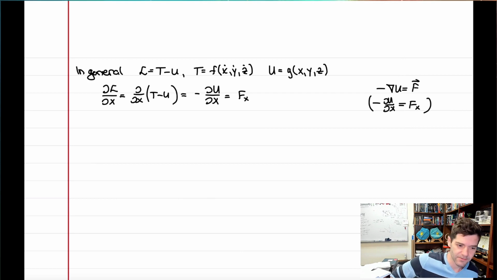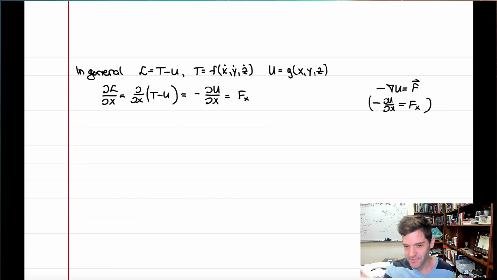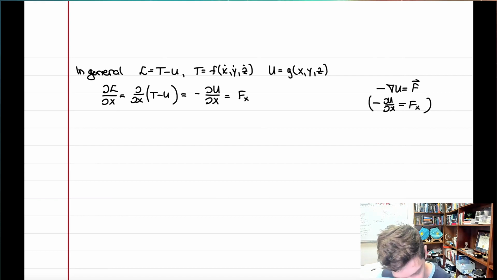The partial of the Lagrangian with respect to x is just the force in the x direction. The Lagrangian has that encapsulated, in the same way the potential energy has the force as a vector encapsulated in it, as long as you take the right partials and maybe there are some negative signs.